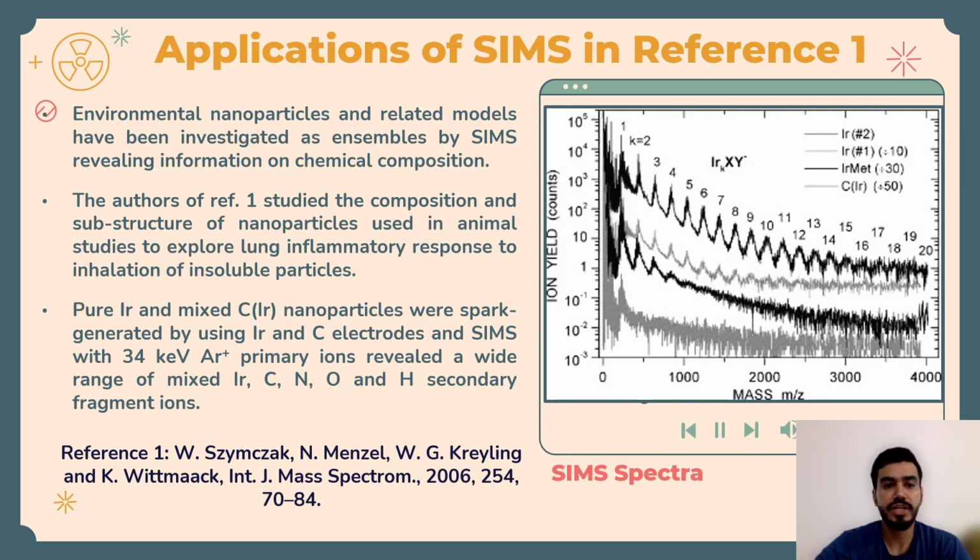We can see here the authors were studying the composition and substructure of nanoparticles used in animal studies to explore lung inflammatory response to inhalation of insoluble particles. The pure iridium and mixed carbon-iridium nanoparticles were spark generated using iridium and carbon electrodes, and SIMS with 34 keV argon primary ions revealed a wide range of mixed iridium, carbon, nitrogen, oxygen, and hydrogen secondary fragment ions.